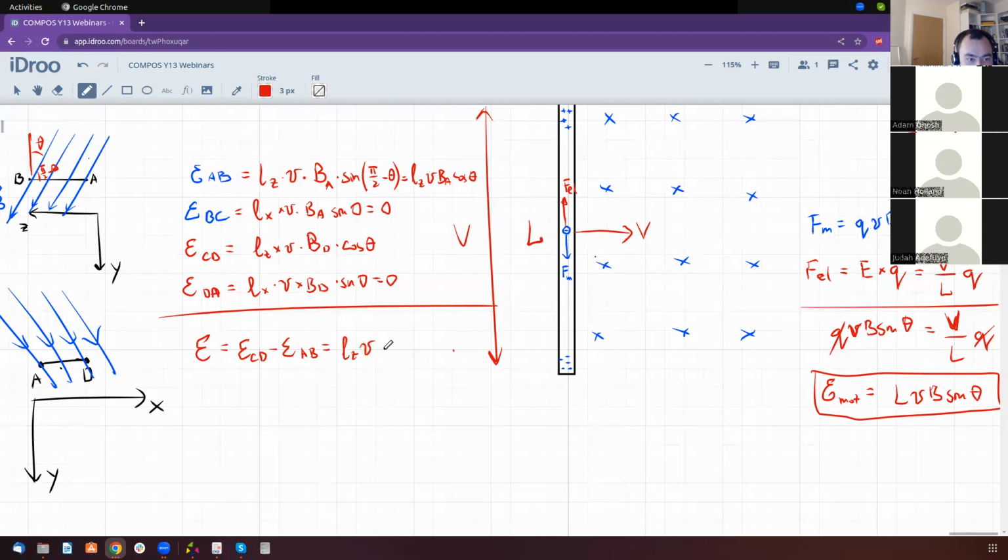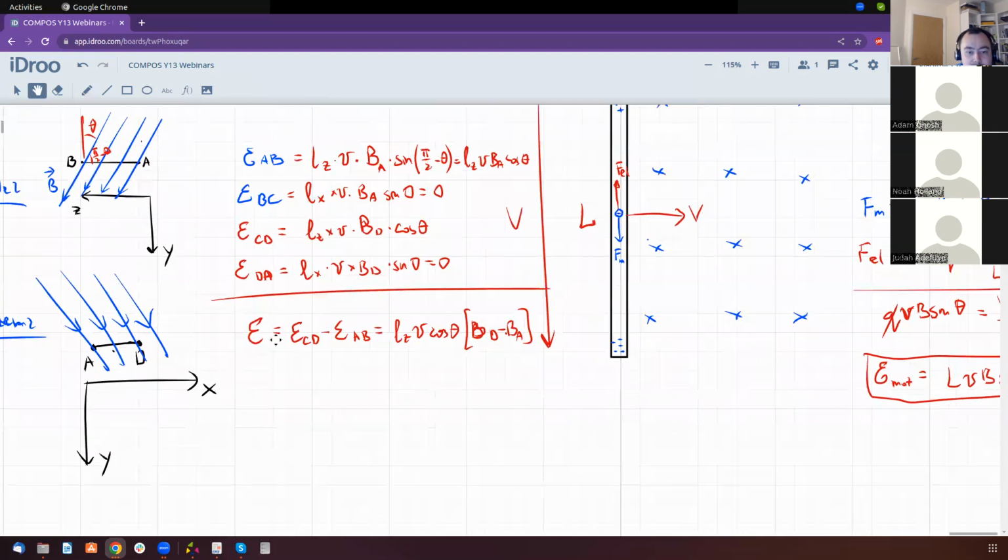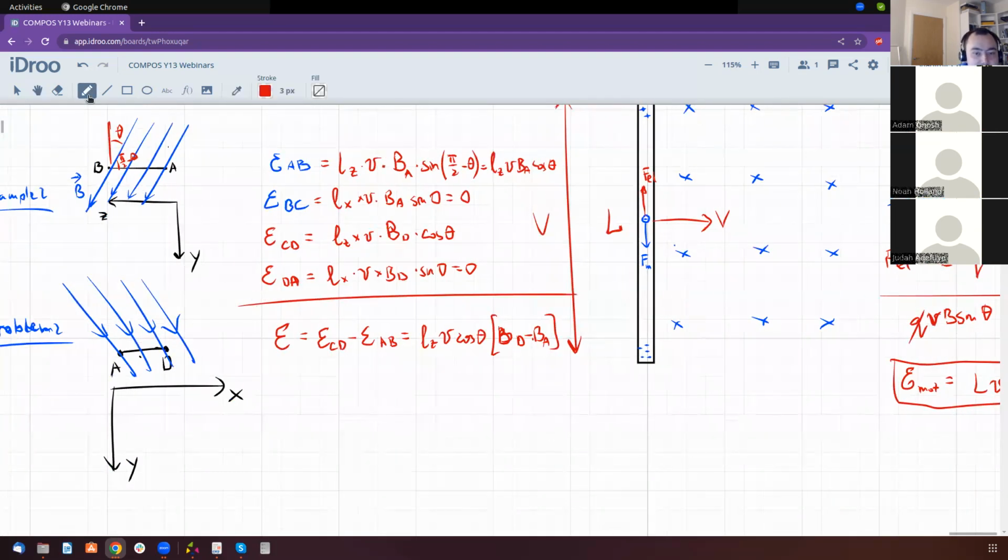LZ V cos theta. And you can see that the only difference is the B. So this is L, this is what they have in common. If we multiply by B D minus B A. Right. And if we divide this, so that's the change.